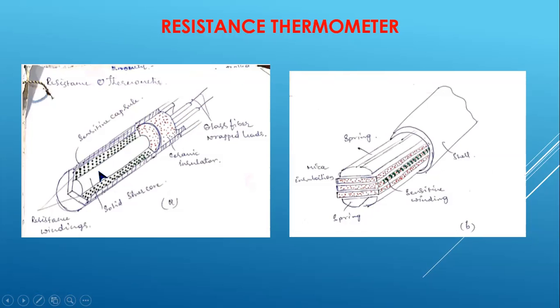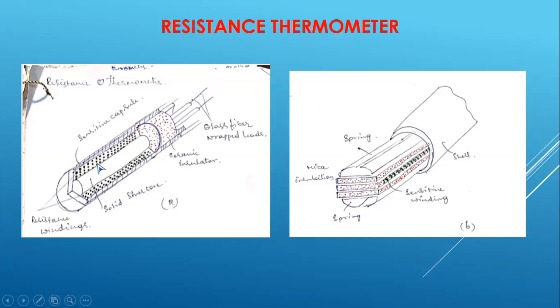When you insert this thermometer in the boiler, oven or furnace, there will be a change in the electrical characteristics of the solid silver core as well as the copper winding. That is directly measured using the digital indicator, which indicates the temperature in degree centigrade.